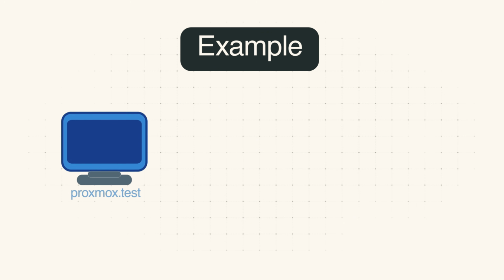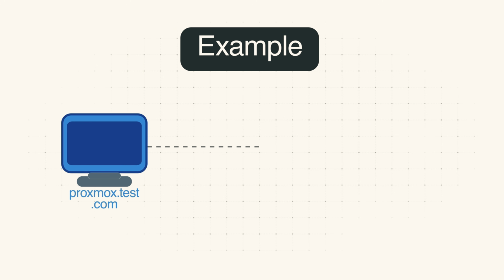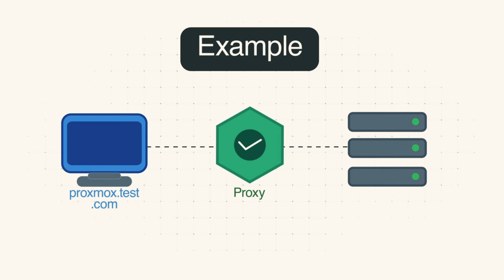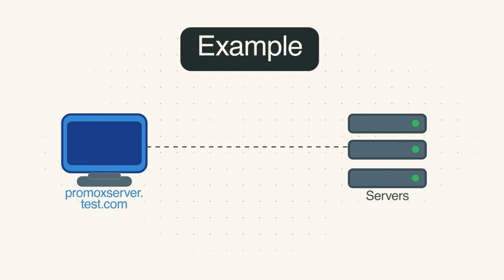Now, if your external domain matches what you already have set up in your internal network, let's say, for example, you buy test.com and your internal DNS zone is also test.com, you may want to set up two A records for certain services and servers. For example, proxmox.test.com points to your proxy, which points to your service, and proxmoxserver.test.com points directly to the backend server.